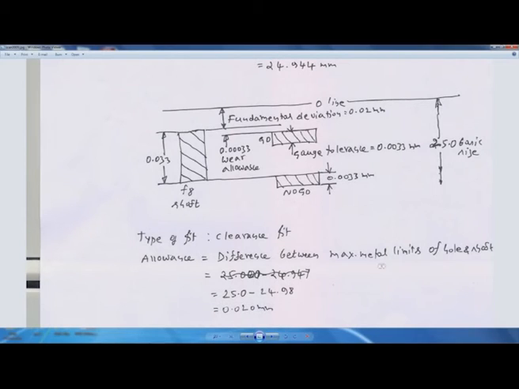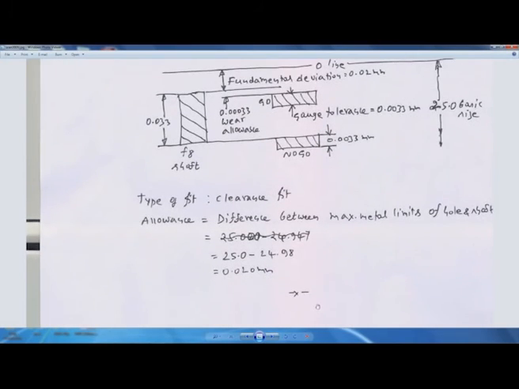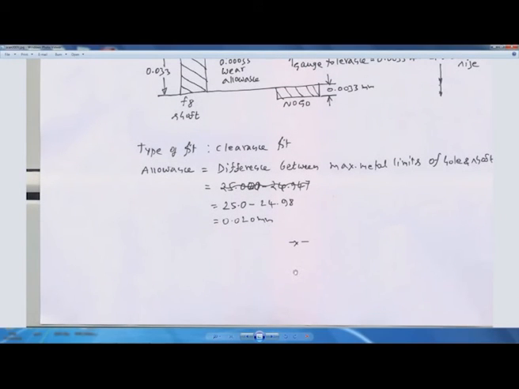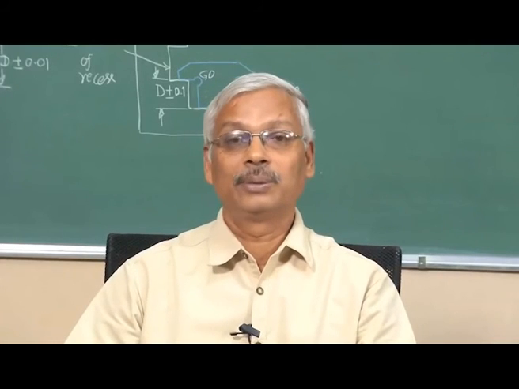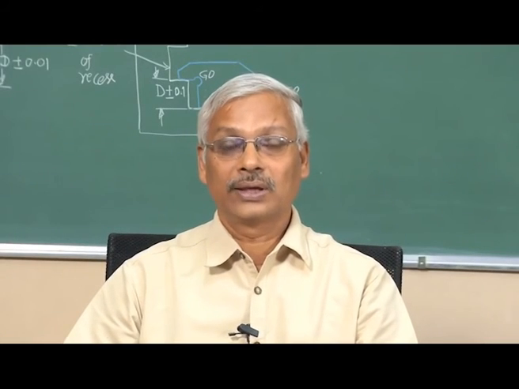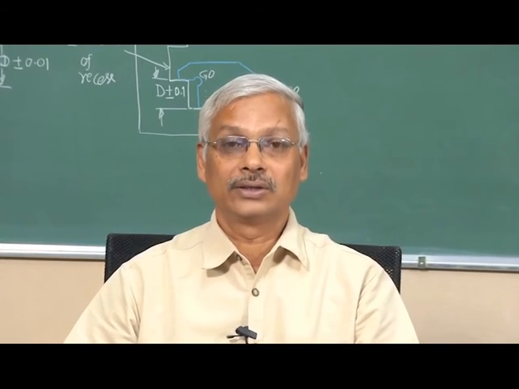So maximum metal limit for hole is 25 millimeter and maximum metal limit for shaft is 24.98, so the allowance is 0.020 millimeter. So like this we can design the limits for go gauge as well as no go gauge.